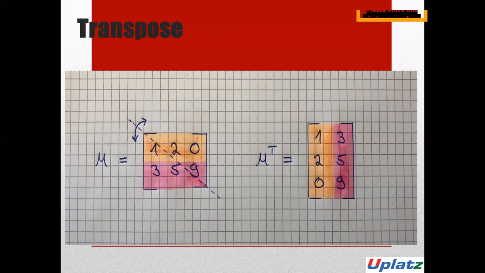So in simple terms, the number of columns and number of rows of the matrix become vice versa. The number of columns becomes the number of rows in the transpose, and the number of rows becomes the number of columns in the transpose; the columns become the rows and rows become the columns. So this is the transpose of a matrix.